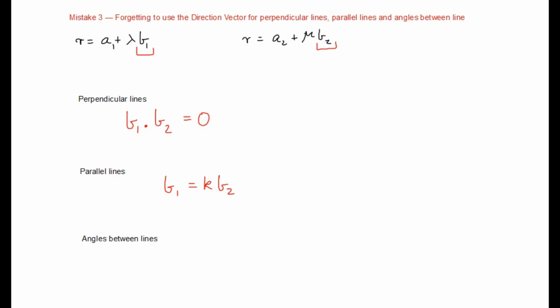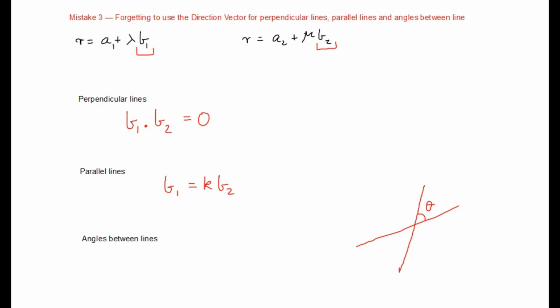And finally, to find angles between lines, so if these are the two lines whose vector equations are given here, all you have to do is use b1 and b2 to figure out the angle theta between the lines.